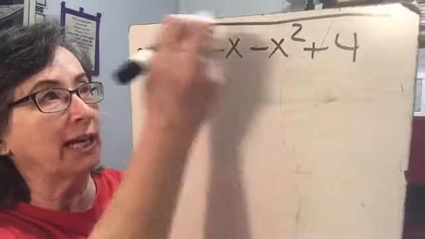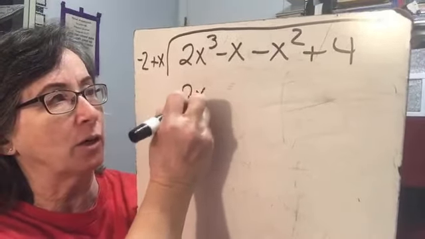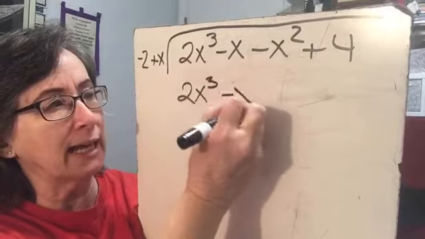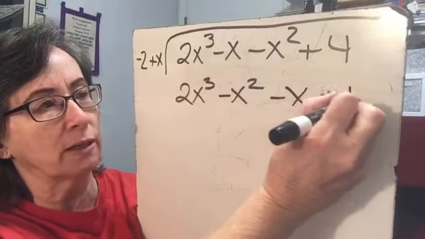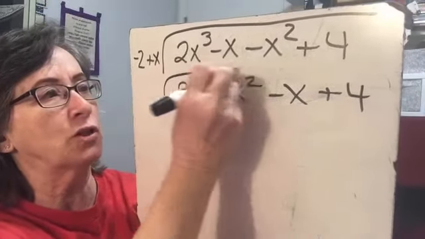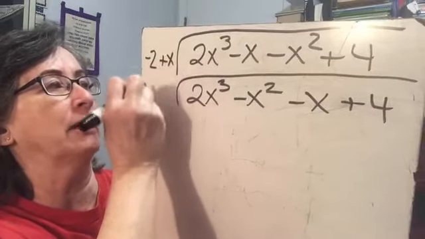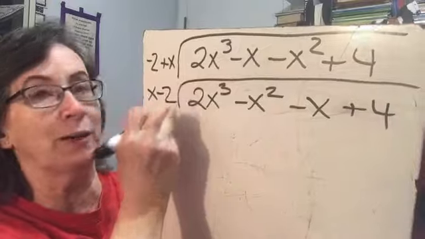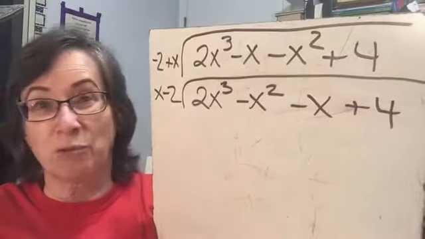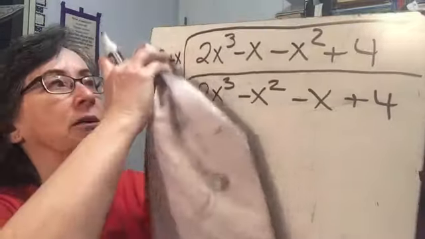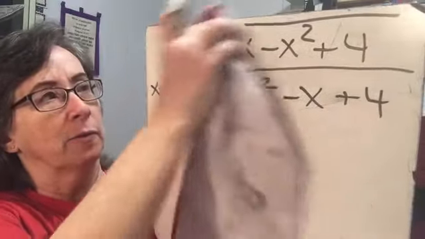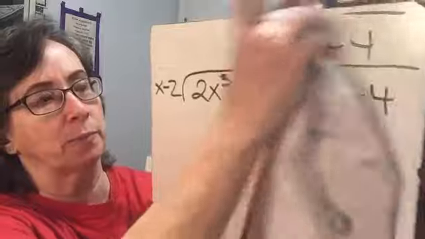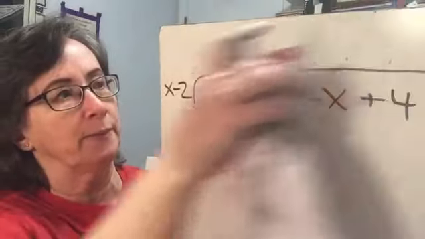So we're going to change all of this to 2x cubed minus x squared minus x plus 4. It becomes so much easier. And then down here, we'll put x minus 2 in the divisor. We'll get rid of all that other gobbledygook that was written in the wrong order before we begin. And that's where we can put our quotient when we're done, up there.